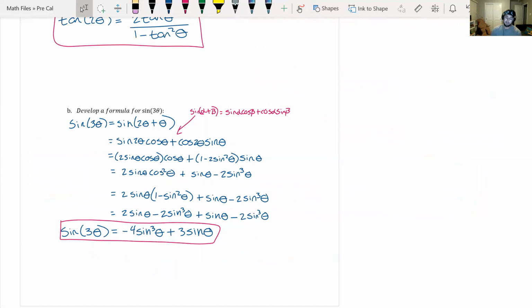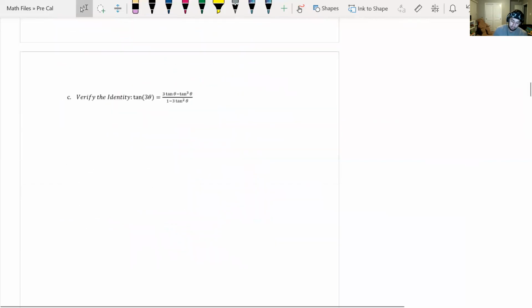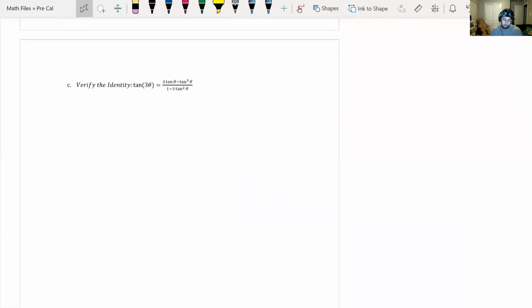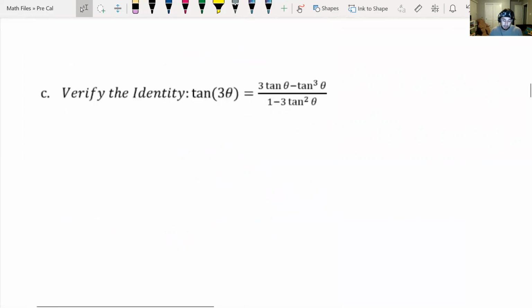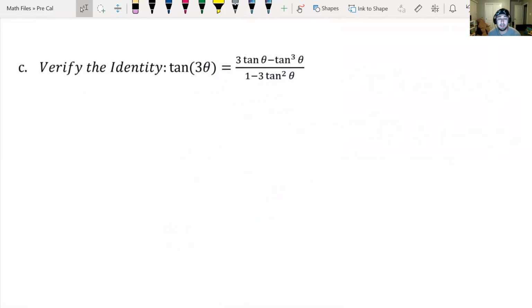Okay. So you have this formula for sine 2 theta, cosine 2 theta, tangent 2 theta, and now we have a formula for sine 3 theta. Yee-haw. Okay. Let's keep going. All right. Now we want to verify the identity.